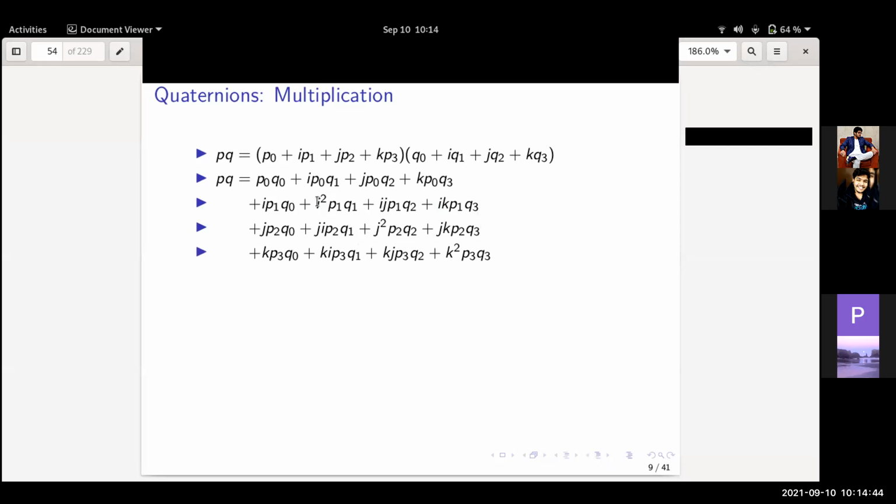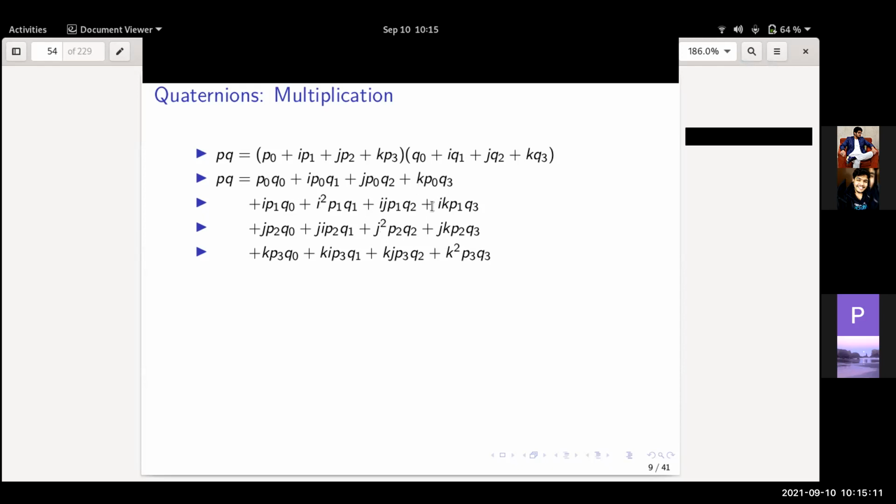Now let us try to simplify this. The easiest simplification we obtain is this i square thing. You have i square, j square, k square, and we already know it is -1. So you can notice that along the diagonal here, this is not really a diagonal, this is just to indicate, what you have is minus p1 q1 minus p2 q2 minus p3 q3. These are all scalar quantities.